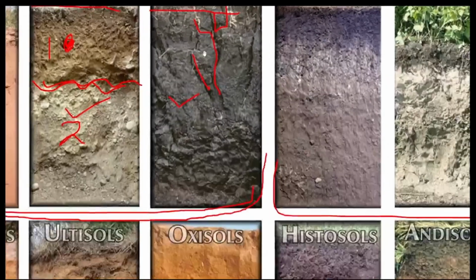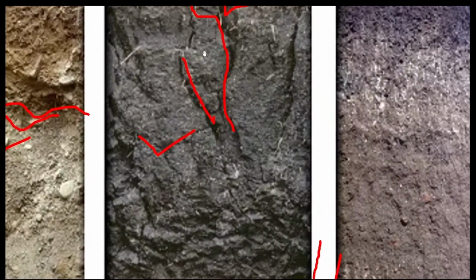If you see the texture of vertisols, what do you feel? I know it is a difficult one, but still. It's a clay, because it's a clay. That's why, because of the change in seasons from dry to cool weather, because of this seasonal drying, cooling, drying, cooling, it has led to the formation of cracks.